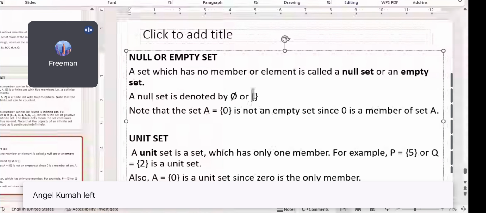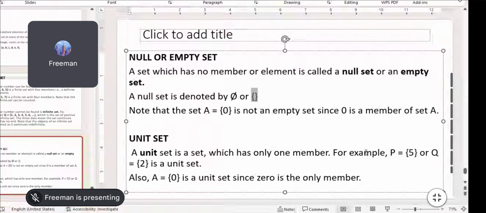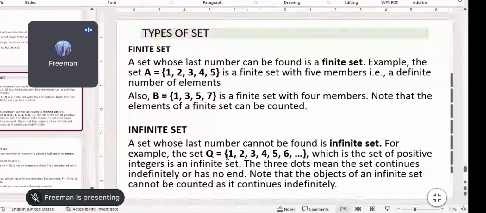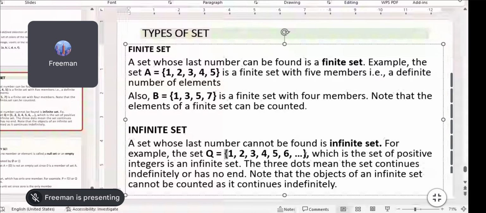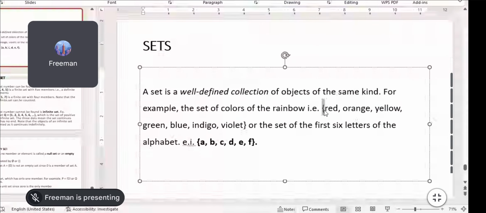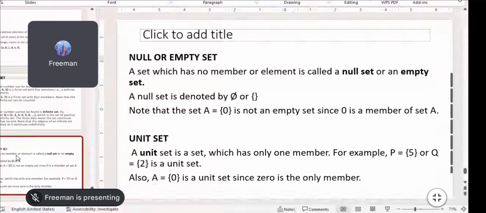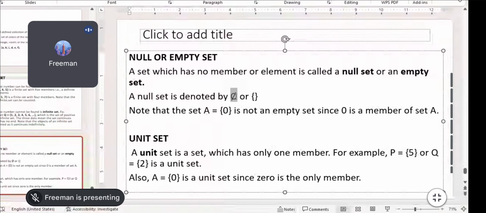Or when you see the curly bracket, fine. We use the curly bracket in listing the elements of a set. You realize that all the sets I've been talking about, we use curly brackets. If you use the ordinary brackets, you are wrong. This is the bracket we use for sets. But do not put this symbol into the curly bracket and tell me it's a null set.